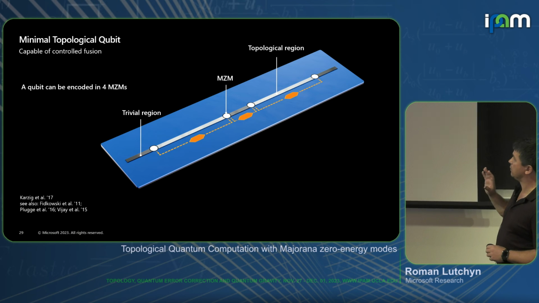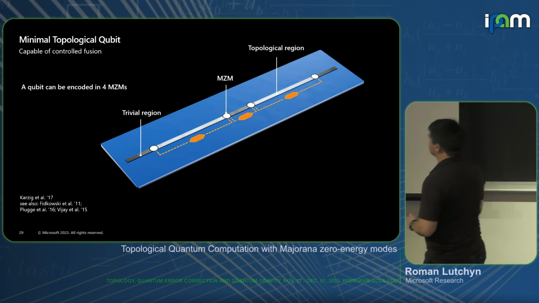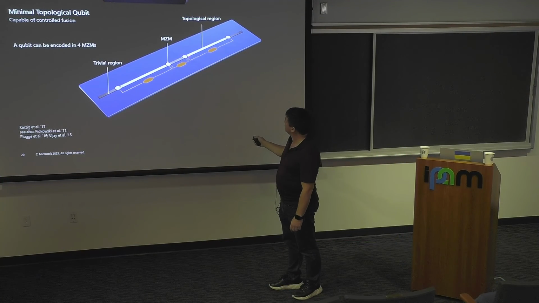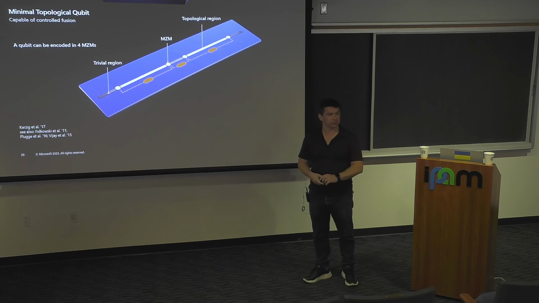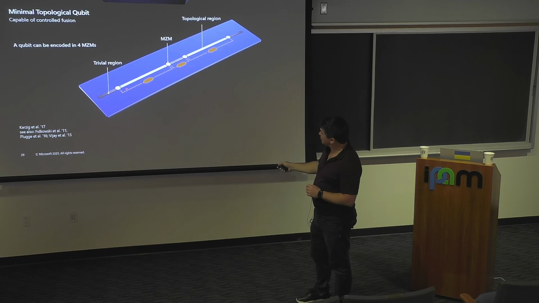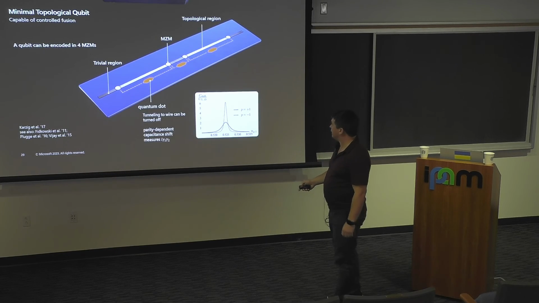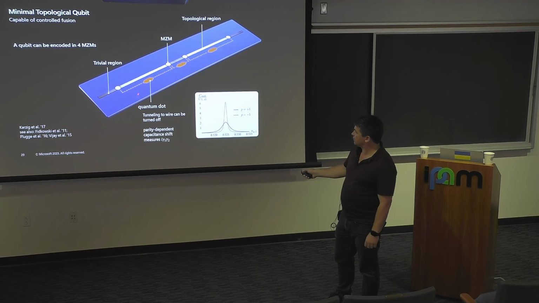So the minimal topological qubit will consist of two regions. Basically one wire and another wire coupled together, fabricated in one shot. And we will probe these zero energy states by coupling Majoranas to quantum dots. The idea is that you have a quantum dot, you can tunnel to the wire and turn off the tunneling.